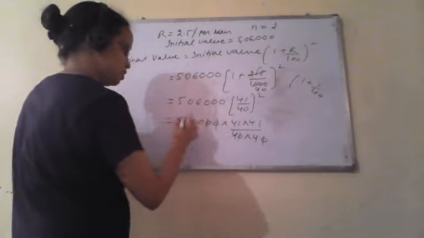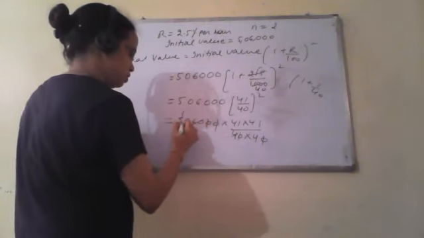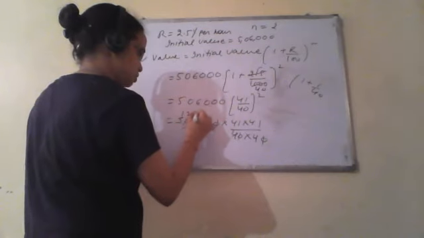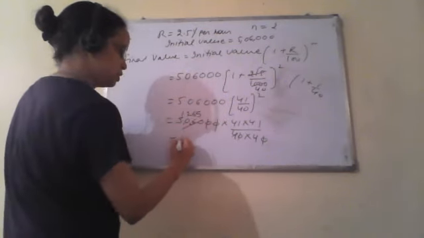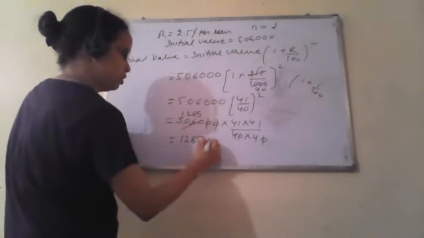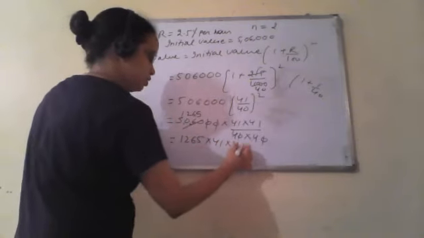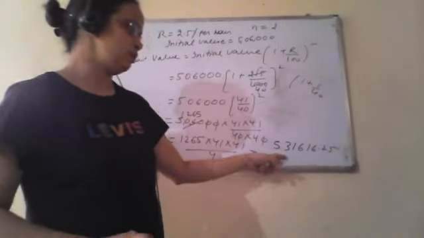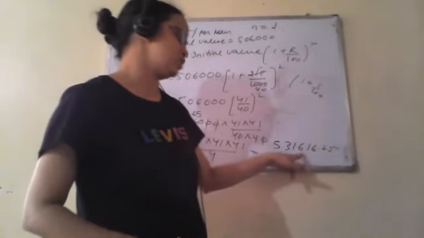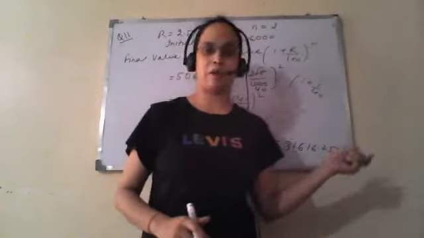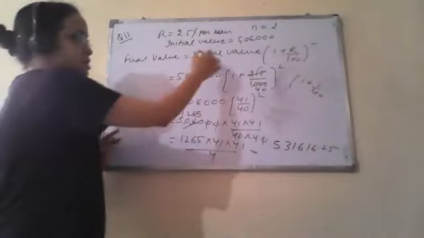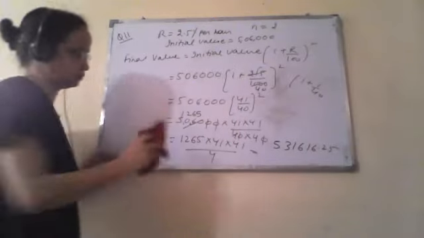It comes out to be 1265 into 41 into 41 upon 4. So we have to calculate this value. It will be 5,31,616.25, or we can take the rounded value. Okay, so we just have to memorize this formula and nothing else.